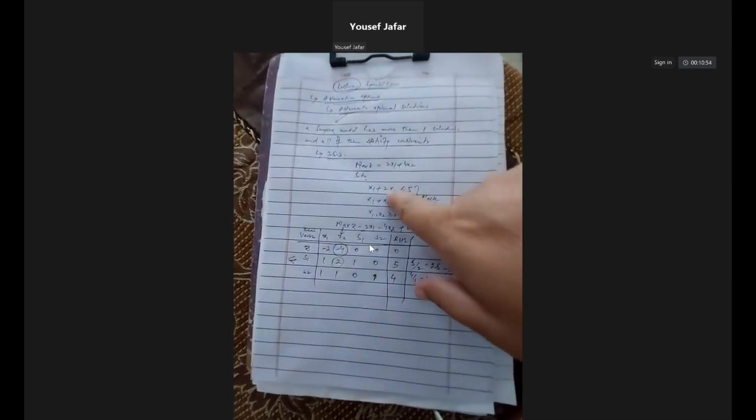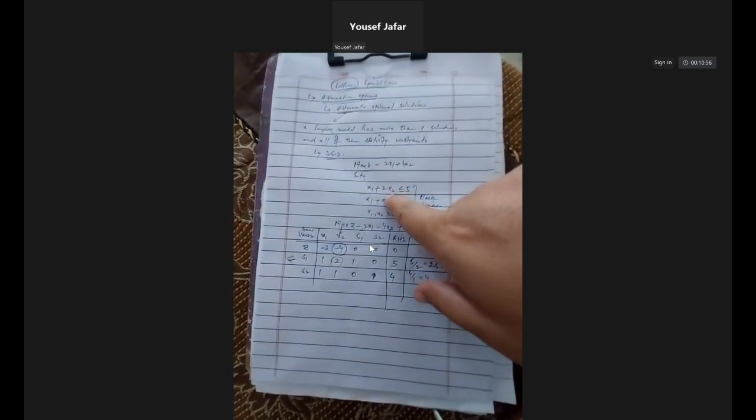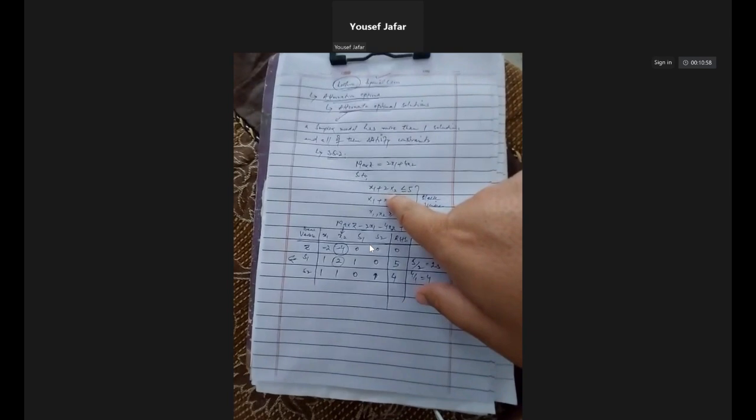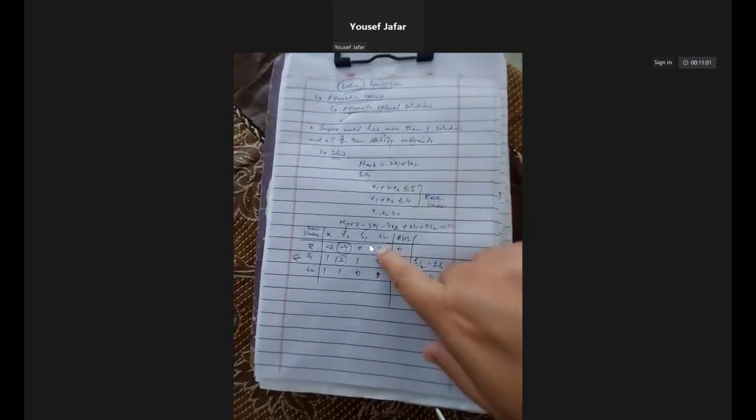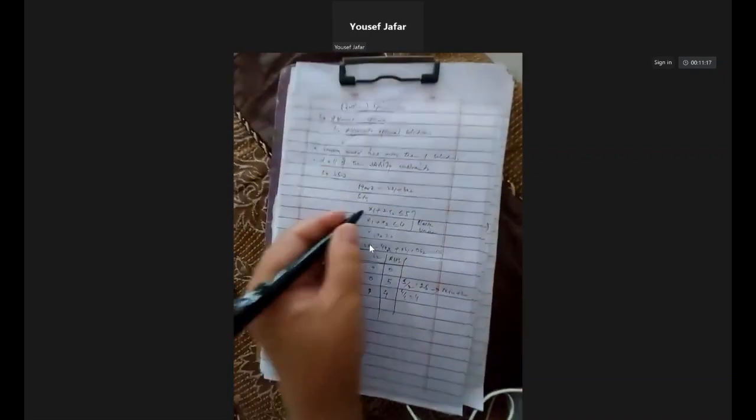Should I do it for the constraints also? Do you understand how I got the S1 and S2 here?